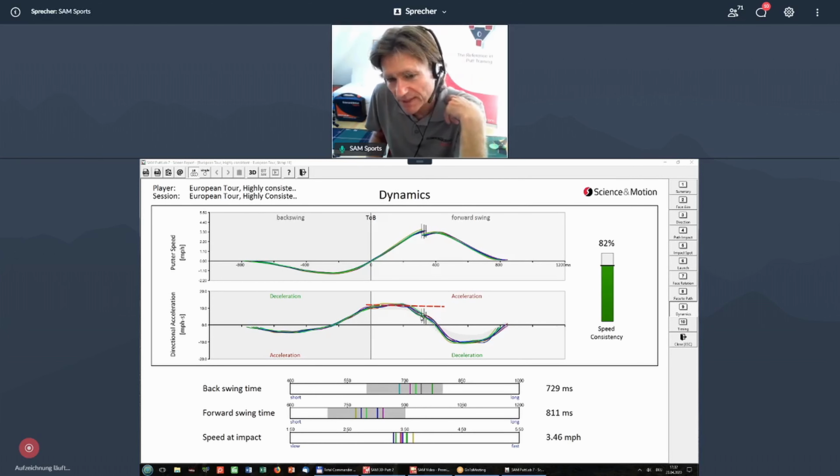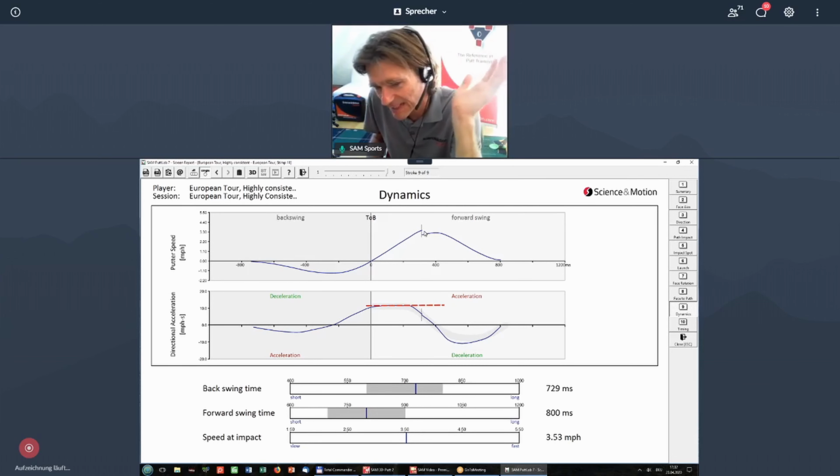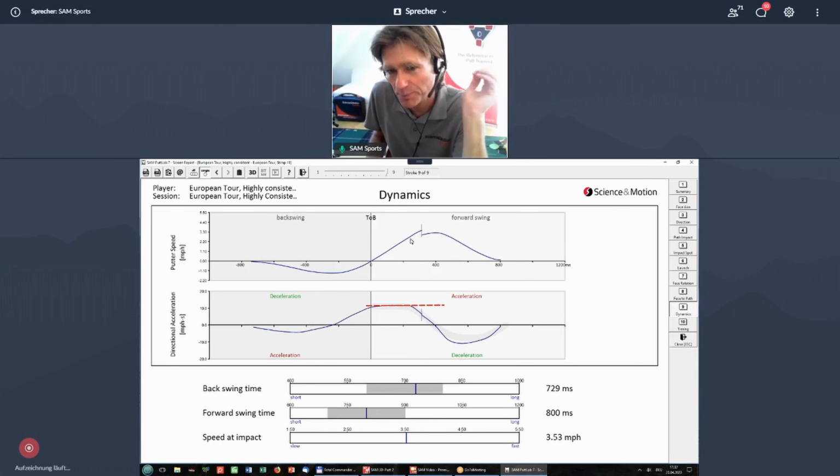The moment of impact is always this vertical stripe here. This is the moment of impact where you lose this 10 to 12, maybe 15% of energy or speed. This is impact. And now the question is, where would be the recommended moment of impact?